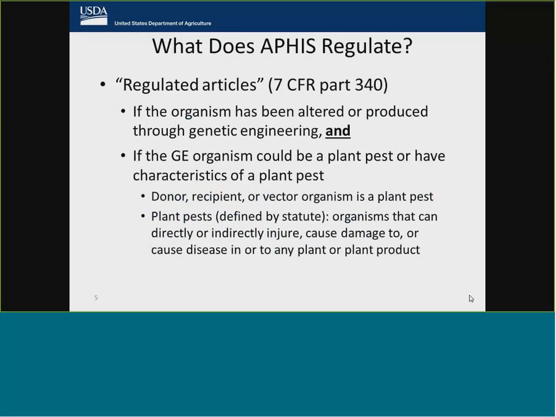What we regulate is defined in 7 CFR Part 340 by the term regulated articles, and regulated articles are essentially organisms that have been altered or produced through recombinant DNA techniques, and both of these conditions have to be met if that GE organism could be a plant pest or have characteristics.